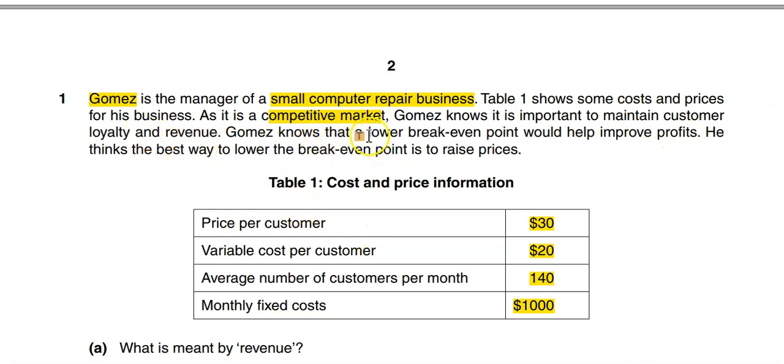So he knows that a lower break-even point would help him to improve profit. He thinks that the best way to lower break-even point is to raise prices. So Gomez is assuming that if he increases prices, he might lower the break-even point.